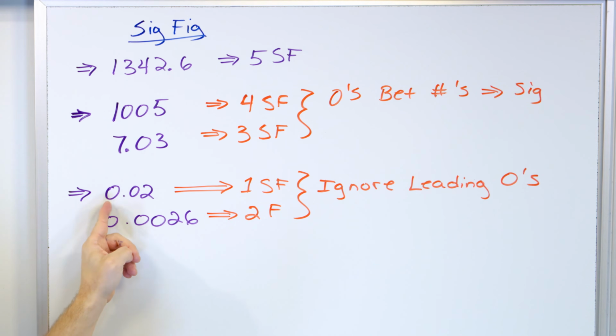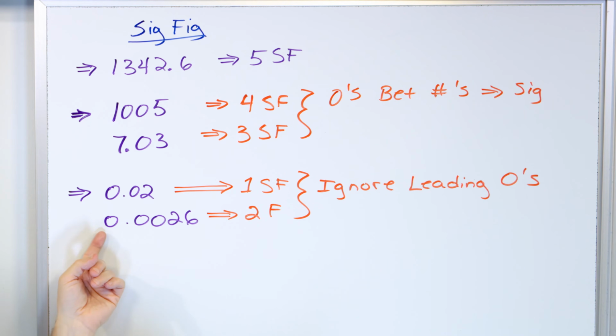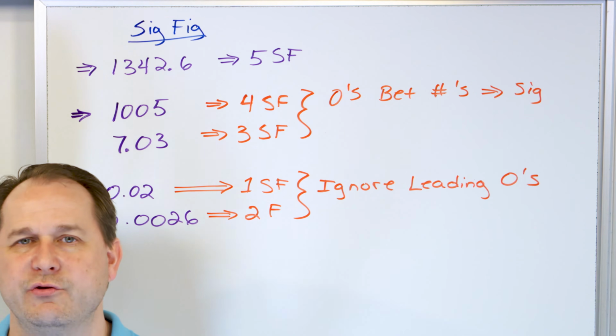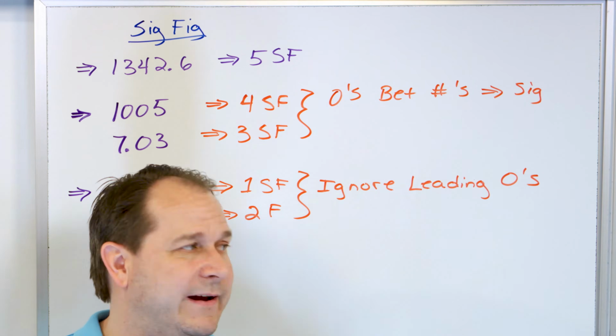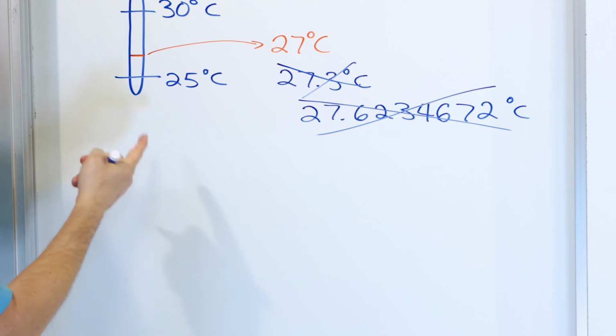So this 0 and this 0 are not significant because they're just padding the front part of the number. This 0 and this 0 are not significant because they're just padding the number. And the reason that you know that you shouldn't count them is because think of the number 5. Number 5. Let's just go over here. 5 is just 1 significant figure.